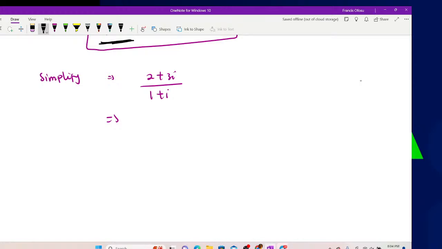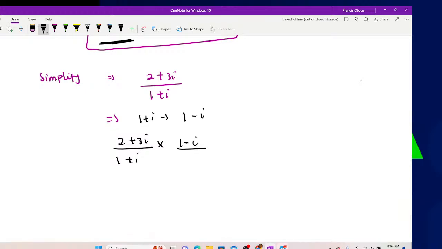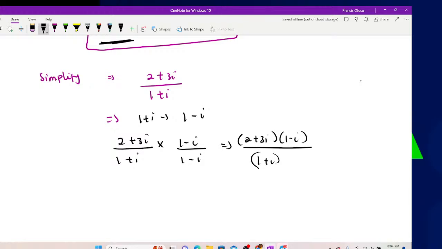So the conjugate of 1 plus i is simply equal to 1 minus i. So I have 2 plus 3i all over 1 plus i. Then we multiply the conjugates on both the numerator and the denominator. So 1 minus i. And what do I get? This is also multiplication. For the top one, I'll have the expression 2 plus 3i multiplying 1 minus i, all over 1 plus i, 1 minus i.